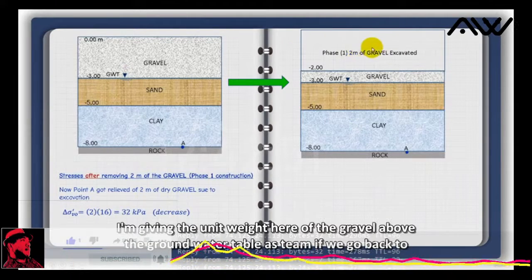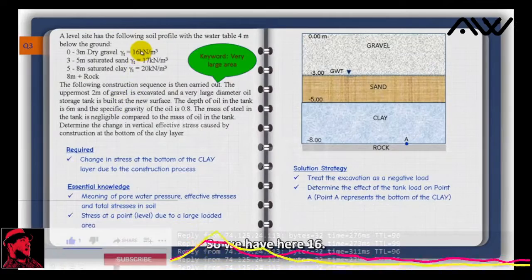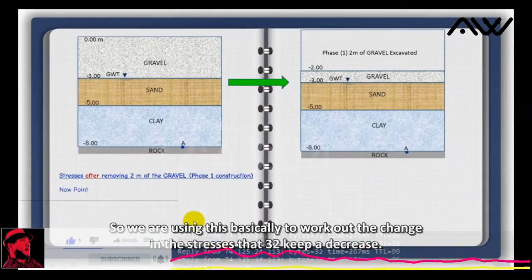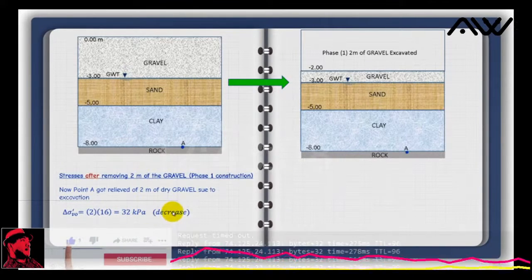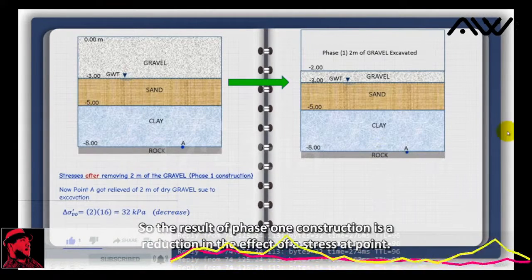The unit weight of the gravel above the groundwater table is given as 16. If we go back to the problem, we have 16. So we are using this to work out the change in stresses. That's 32 kPa decrease.